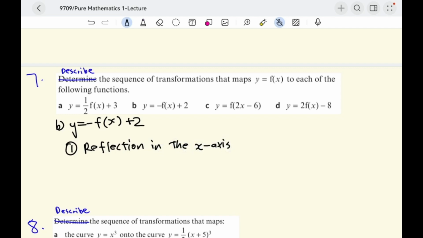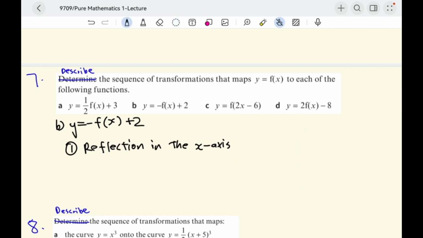Why is it in the x-axis? Because you need to reflect the original y into negative. Let's say here is your 3, you will reflect into negative 3. So this is the old and this is the new. So this coordinate undergoes reflection in the x-axis because the x-axis is the line of reflection.